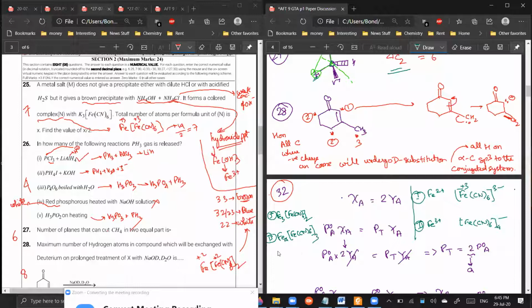This will be the Prussian blue complex, and this is Turnbull's blue. Are you getting my point? Yes or no? Yes, sir.